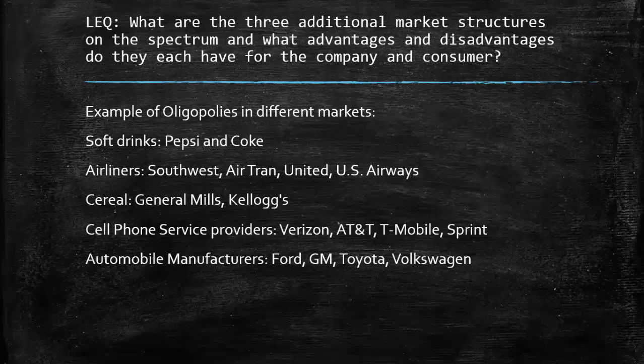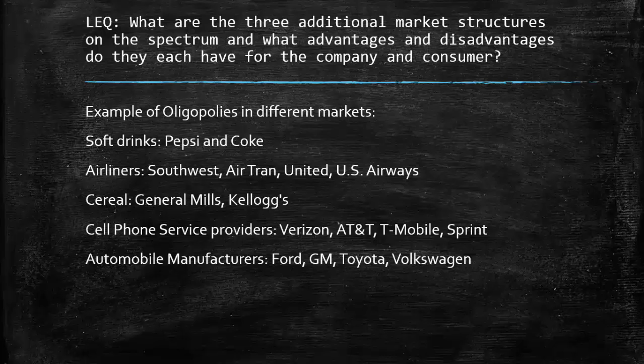The airline industry is an oligopoly. There are more than what's listed here, but again, there's maybe 15 to 20 major airlines that fly out of places here in Central Florida. That's definitely an oligopoly because it meets all the conditions. Cereal. Yes, there is generic off-brand cereal, but it does not represent the majority of the industry.